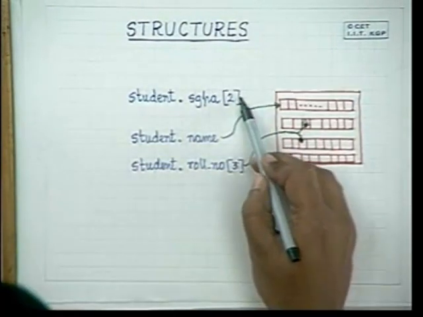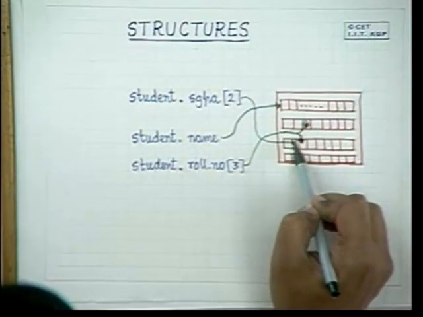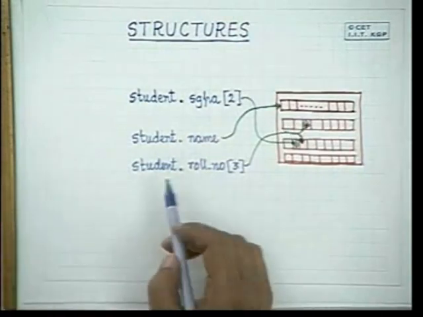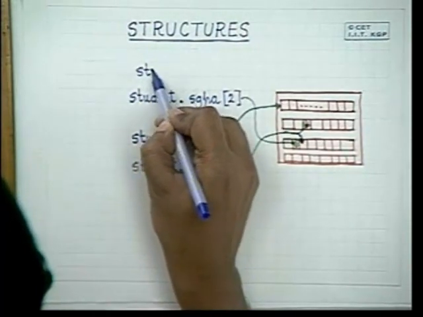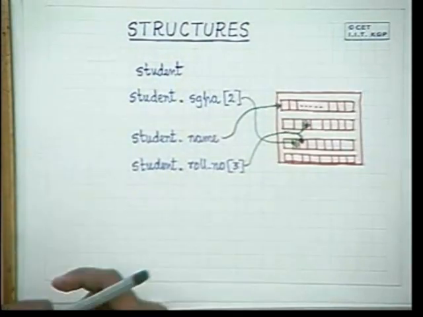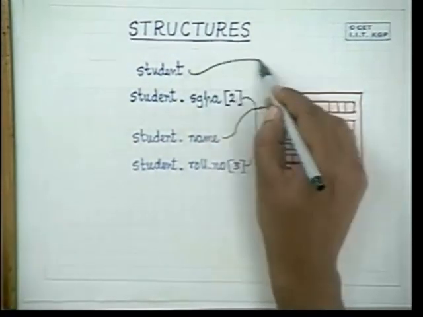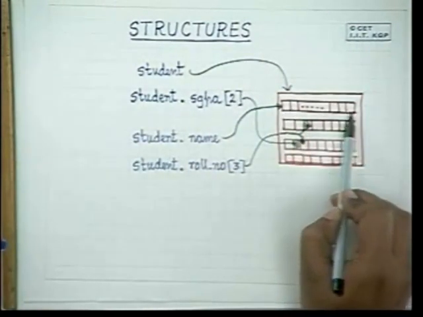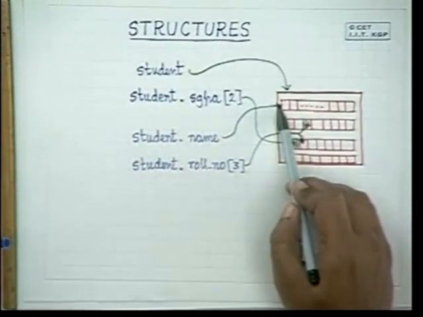And student dot SGPA2 is this element. And if I write simply student, it is a pointer to this structure. Now if name is the first element in the structure, these two may be identical.